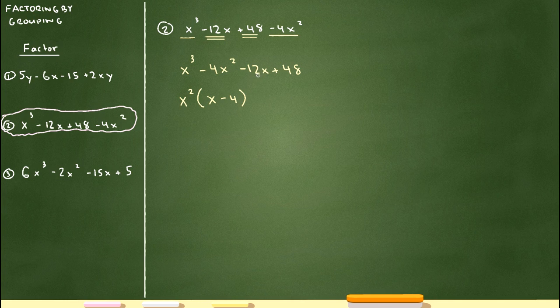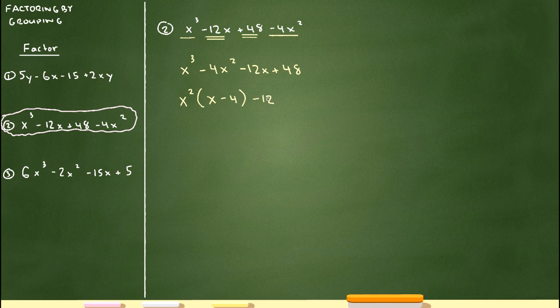So I'm going to factor out a negative 12 because you may want to use a little bit of foresight here. If you factored out a positive 12, you're going to be left with 4 minus x, but that's not what we want, right? We want x minus 4. So what we do is we just change the sign of what we want to factor out to manipulate the signs that are within the parentheses.